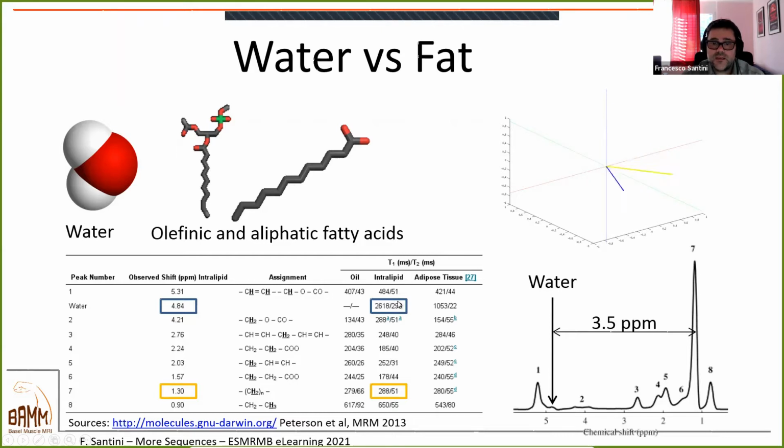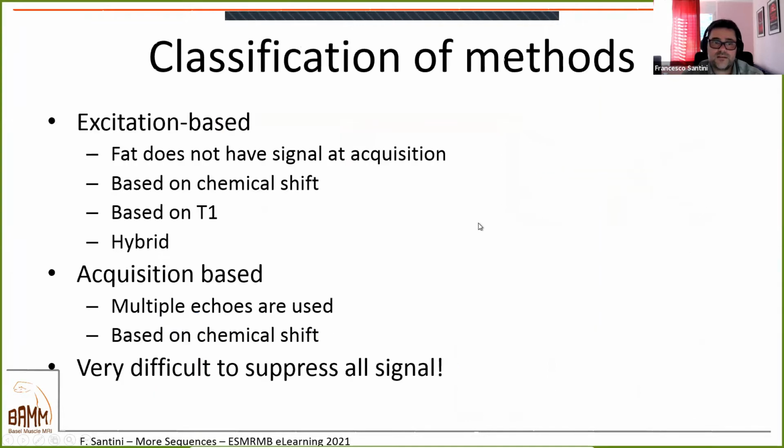The T1 value of water is very high, in the order of thousands. And the T1 and T2 of fat are much shorter. T1 is around 280 ms, although of course it depends on the field strength. So we have these two tools: the frequency and the T1, that we can use to separate water from fat.